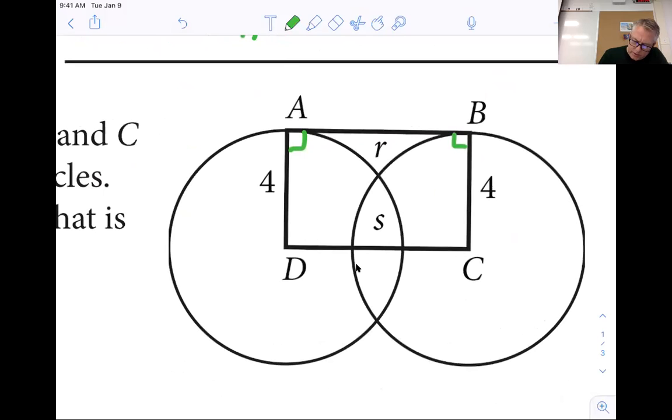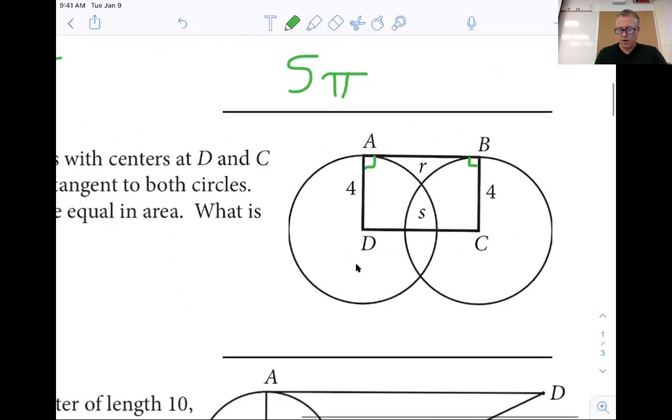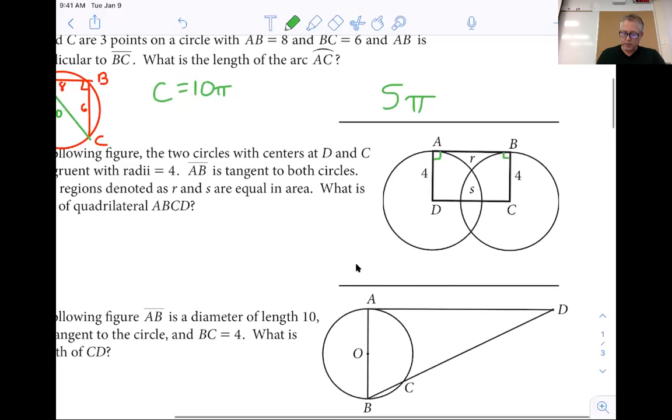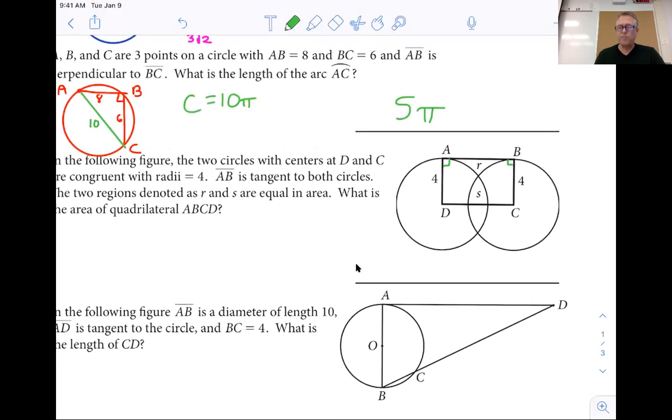Yeah. So this is obviously a quarter of the circle. And if we take R and know that it's the same size as that, then we get another quarter of the circle here. Those two pieces together are half of the circle. Since the radius is 4, the area is 16 pi, and half of that would be 8 pi.